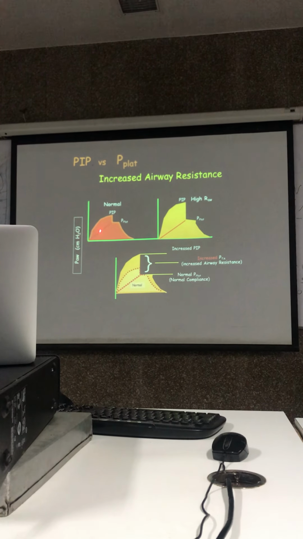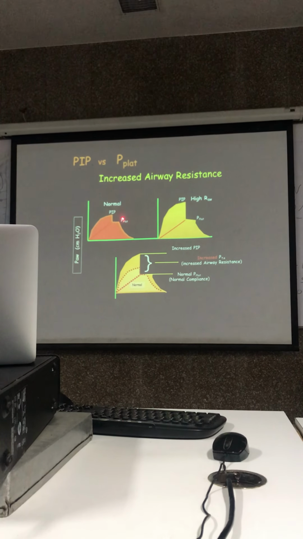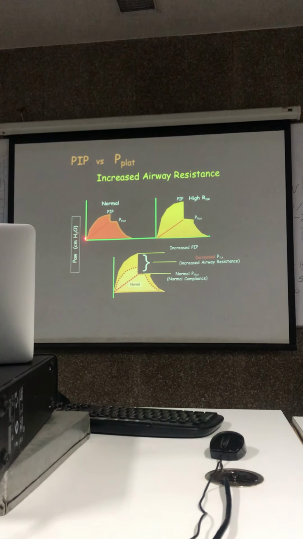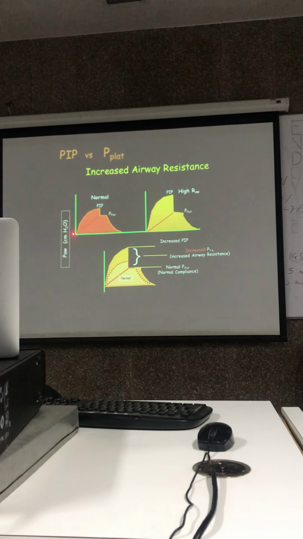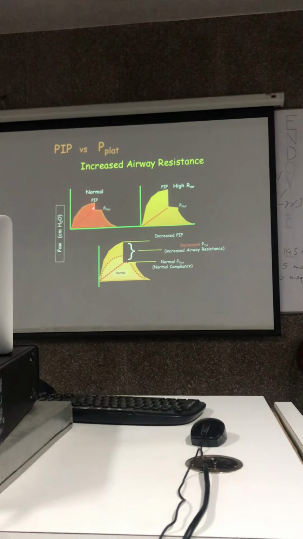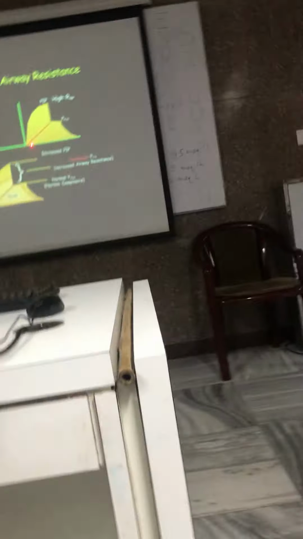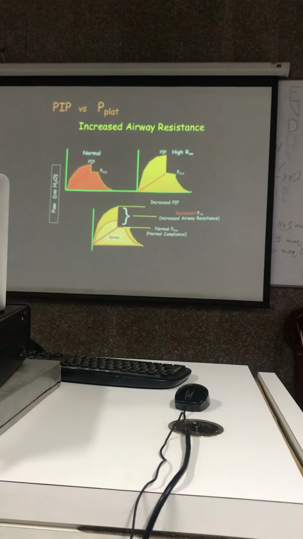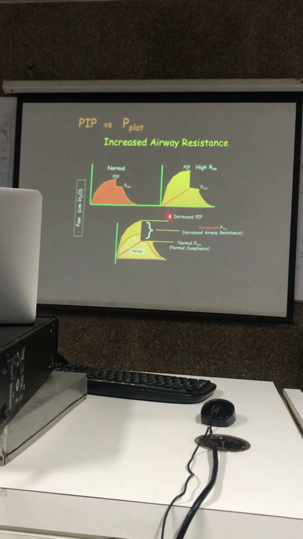Now, if you look at the line running across to the beginning of the peak inspiratory pressure, you will realize that as the airway resistance decreases, this becomes a little bit flatter, suggesting that these patients have an increased airway pressure.